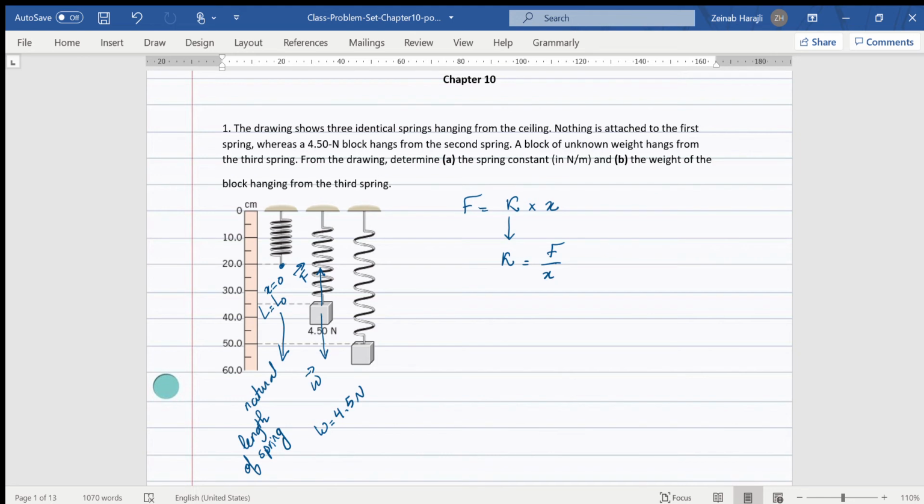So we can see obviously here that the natural length is 20 centimeters. So this can be useful later, or if we want to calculate the elongation actually.